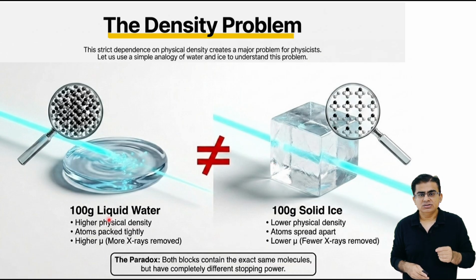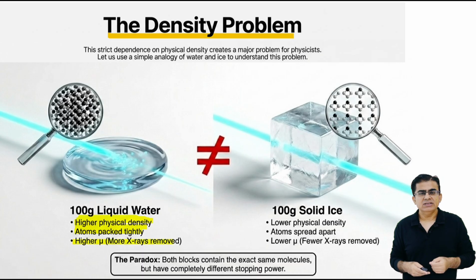If we look closely at the water, its atoms are packed very tightly together. Because of this, higher density water will stop and remove more X-ray photons. We can say water has a higher linear attenuation coefficient.